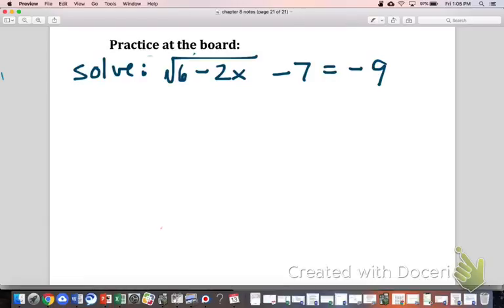I got -9. How did you get it? You check it. You guys are wrong. Check your math. My check is... That's not right. That's 1. It's not one.